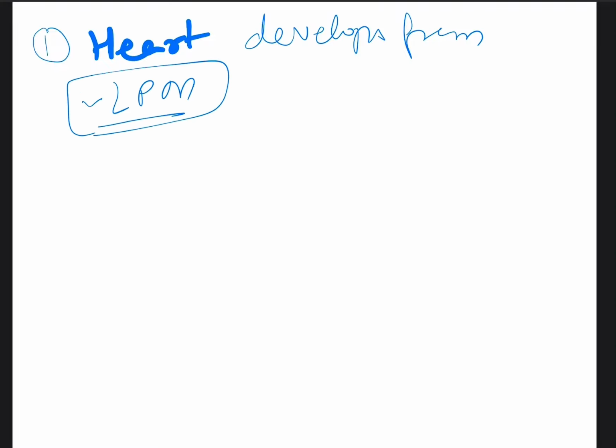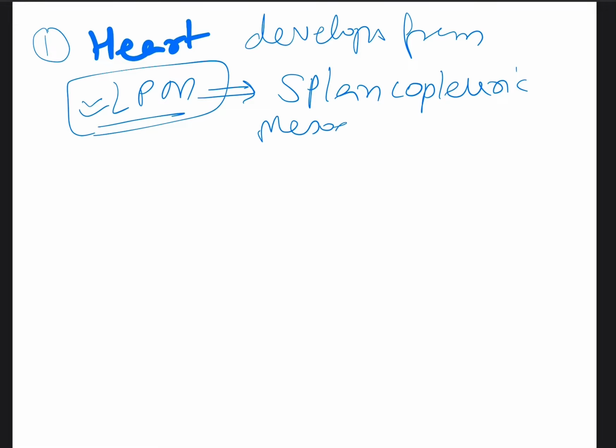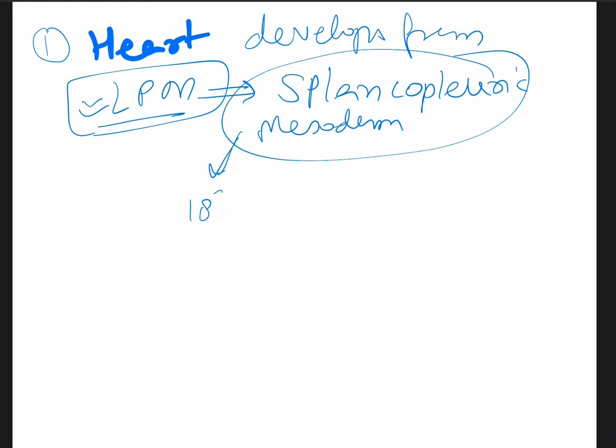I repeat, from lateral plate mesoderm or splanchnopleuric mesoderm, around the 18th day or third week of embryonic life.